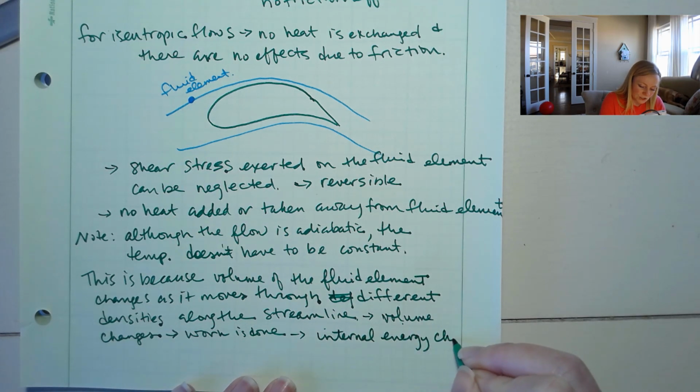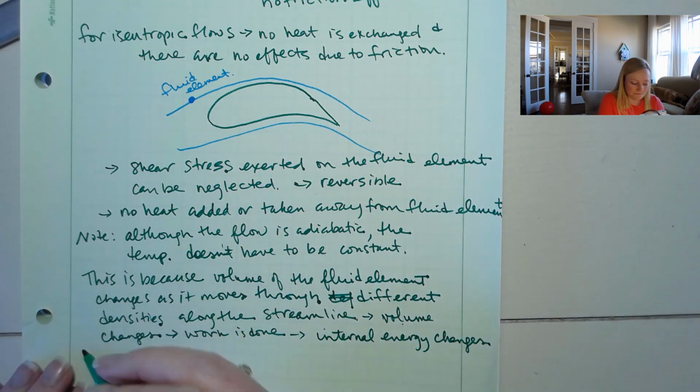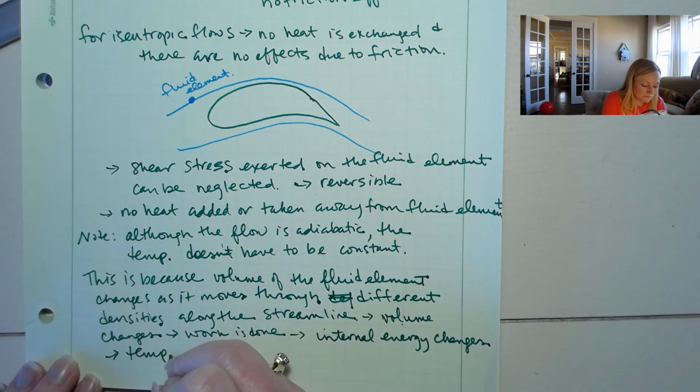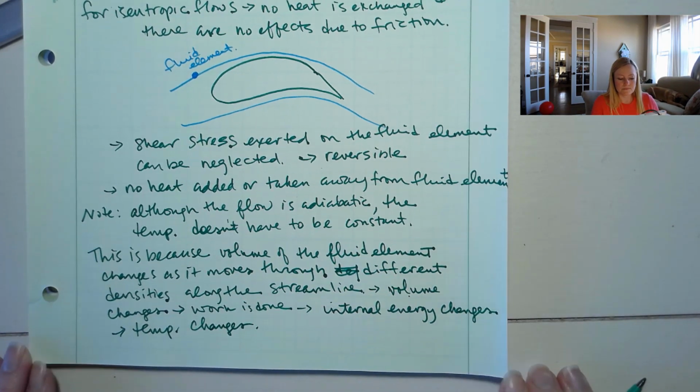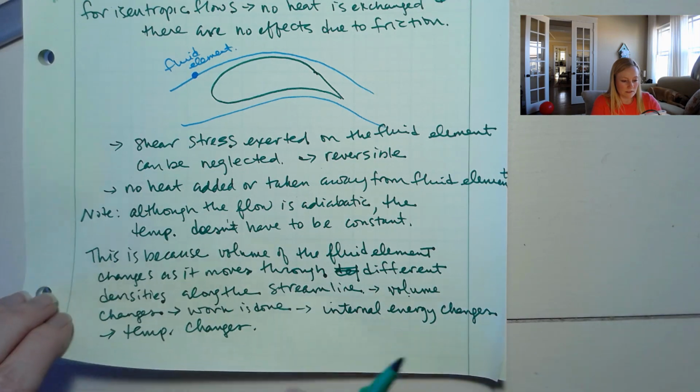All right, so that changes. Well, and if that changes, what else changes? The temperature. So we can put the temperature changes. Okay, so all of these things all go together. And then, even though we have an adiabatic process, as you can see through all this, we can still have temperature change. All right, let's go to the next page.